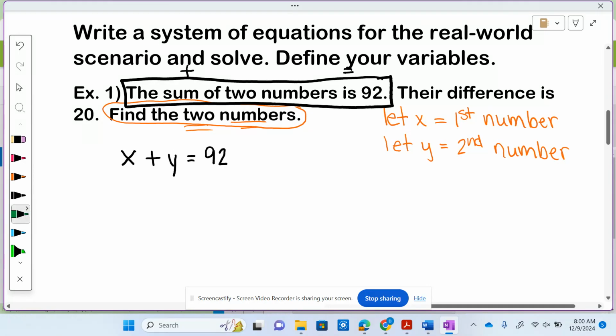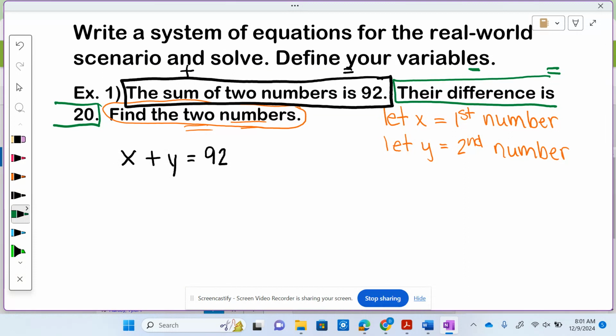The second equation says their difference, they're referring to the two numbers, is 20. So I know that the word is means equals, and difference is a subtraction problem. So how do I show that their difference is 20? What are the two numbers we're talking about?